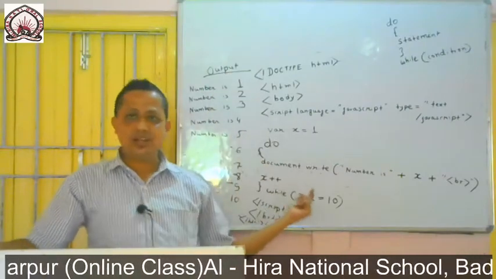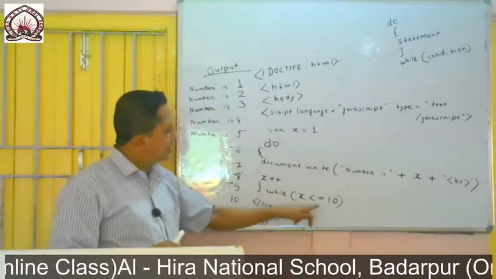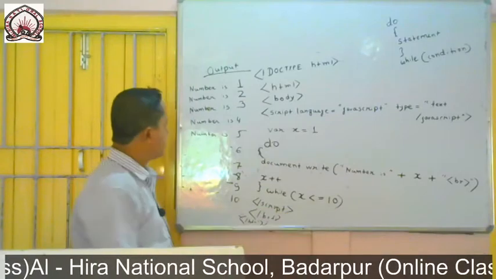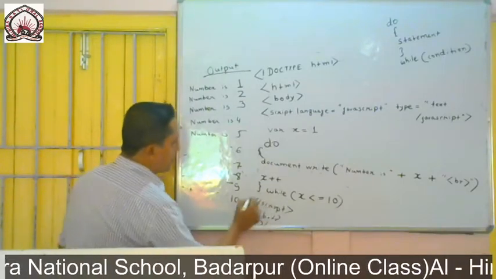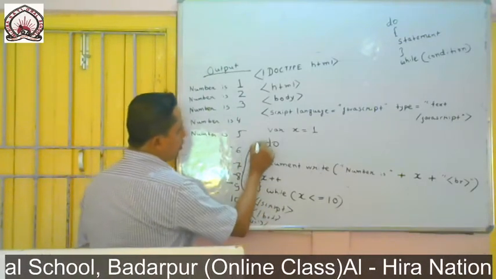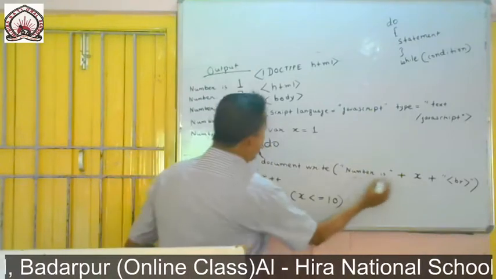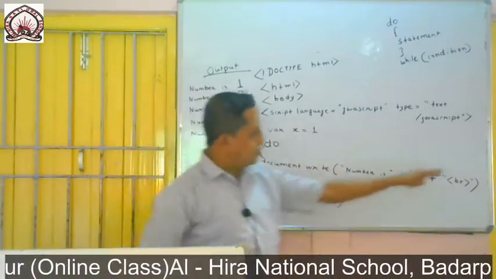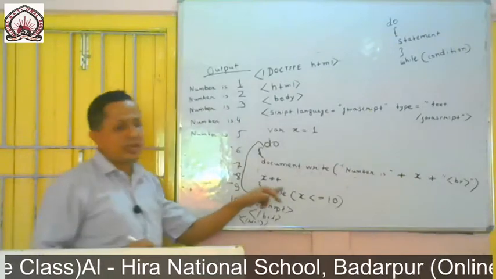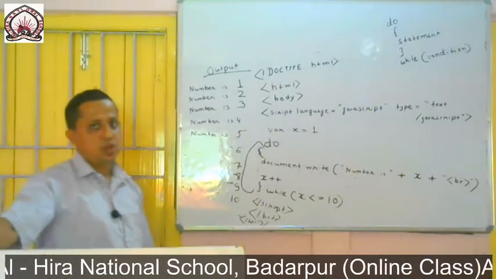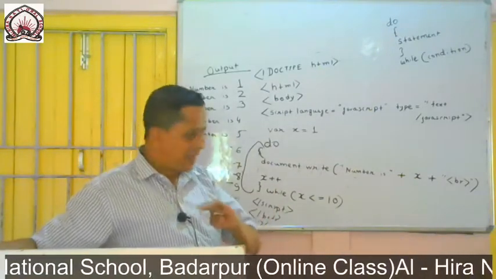So my condition is what? 2 is obviously less than 10. So it will come from here, it will come from do. It will go here, number is 2. Then BR means new line. Then x plus plus. Now earlier value was 2, so it will become 3.